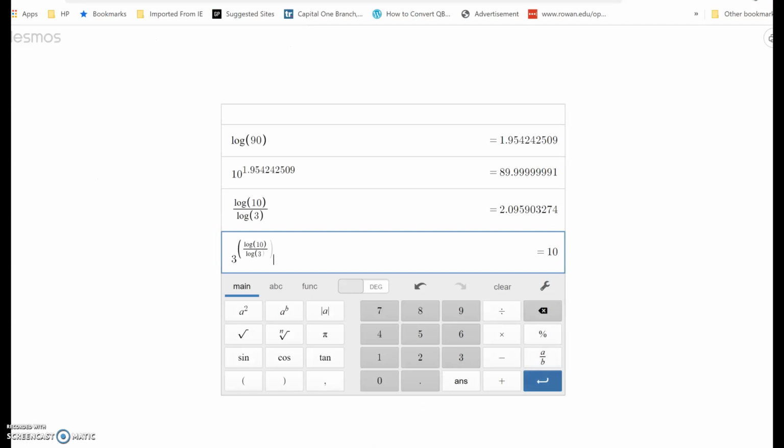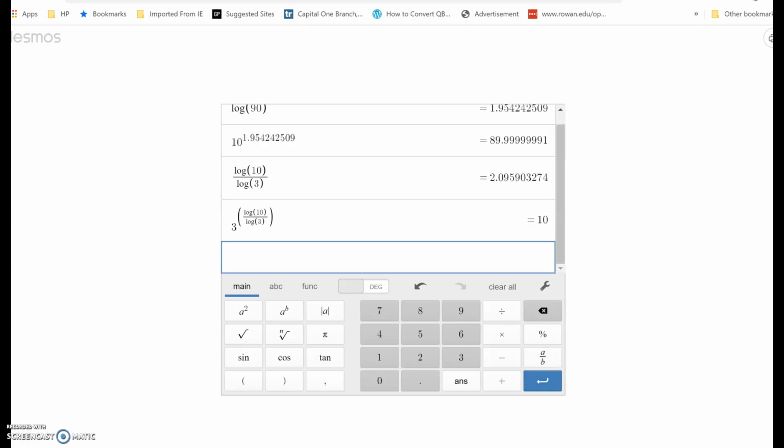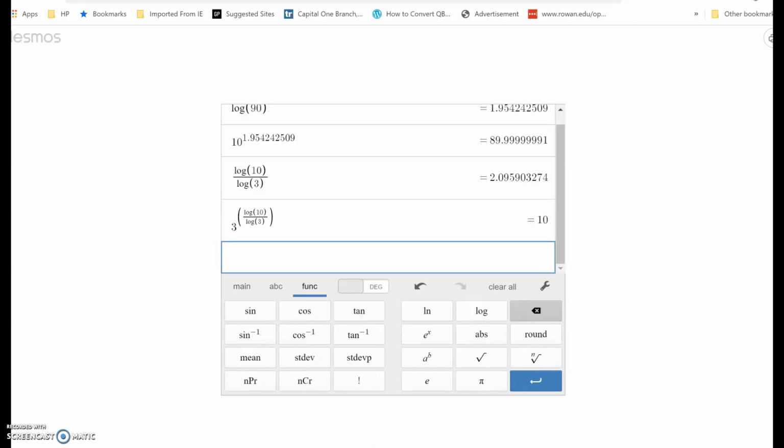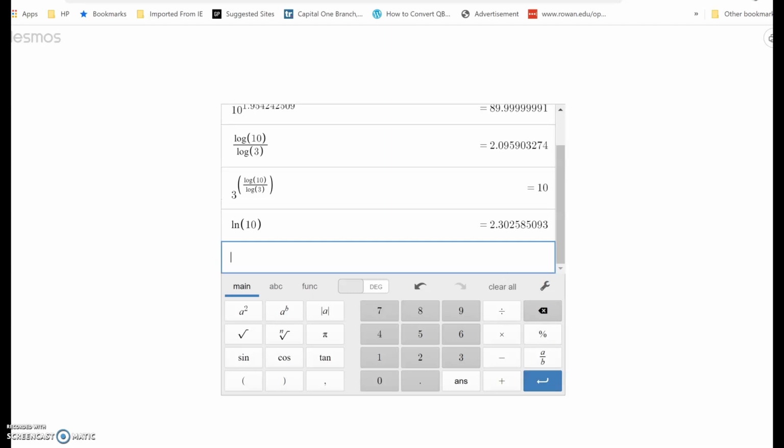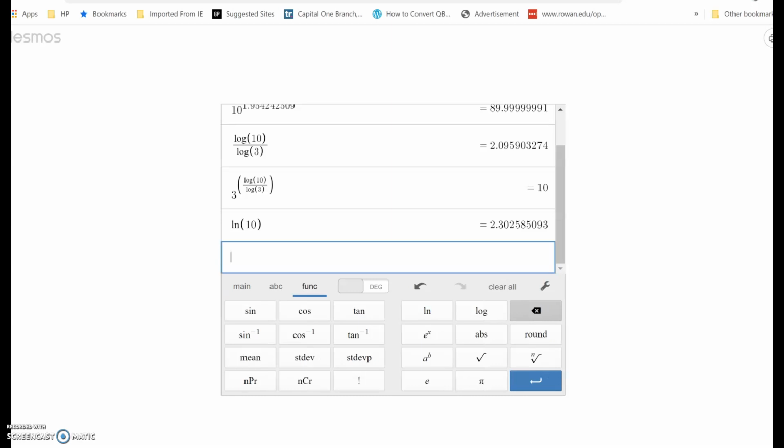So the question is, how could you calculate the natural log of 10? Well, you go to functions and there's a natural log button, and then you put in 10, and it's about 2.3025, etc. So let's just check it out. Let's see if e to, well, I guess I could have used the e to the x button.